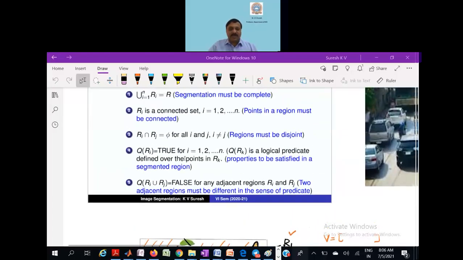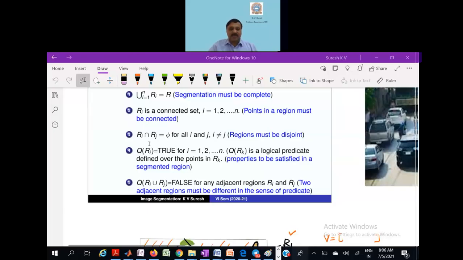And the predicate that I am defining, predicate means it's a condition that I define for any subregion. So for a specific region Ri, this has to be true. That means the condition that you have defined. For example, if I am dividing the region based on color, and I say the values of RGB in that particular region are some ABC, then all the pixels in that region should satisfy it.